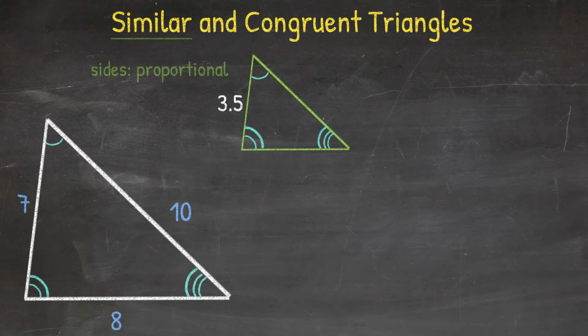Knowing that the two triangles are similar, we can automatically assume that all angles are the same for the two triangles. The problem might offer us only one side of the smaller green triangle and rely on our understanding of the properties of similar triangles.